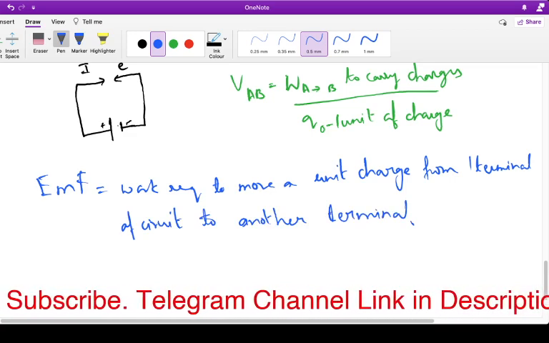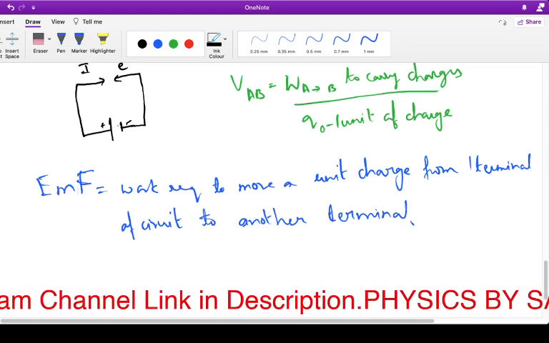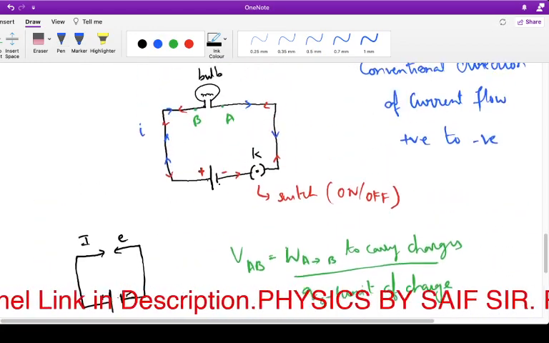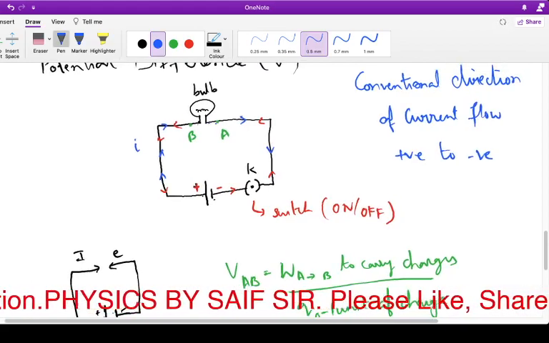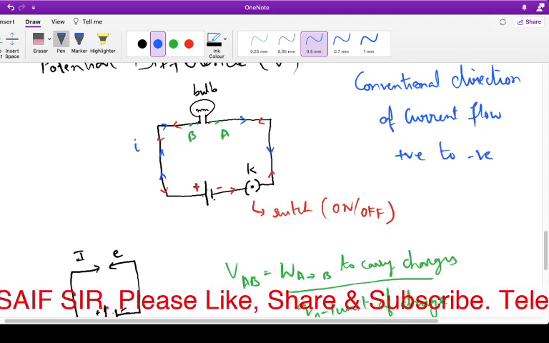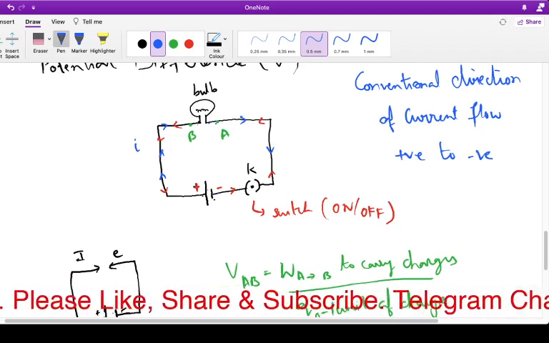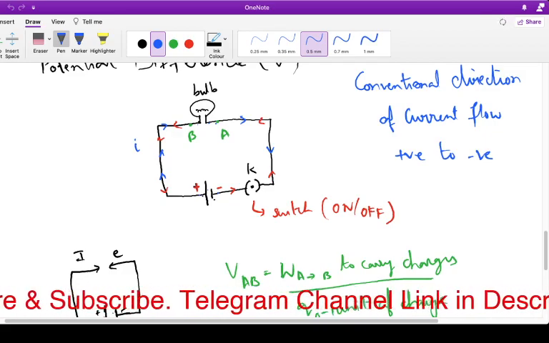This is the EMF, electromotive force. What we have seen above is the potential difference, which is between two points, but not between the terminals. In EMF, you have to find it from one terminal to the other terminal of the circuit.